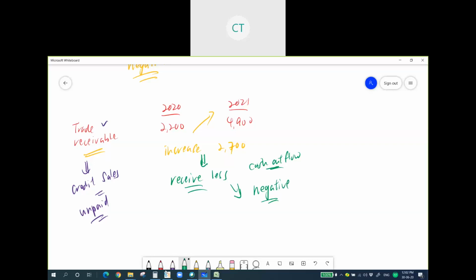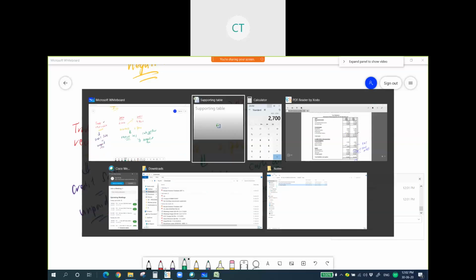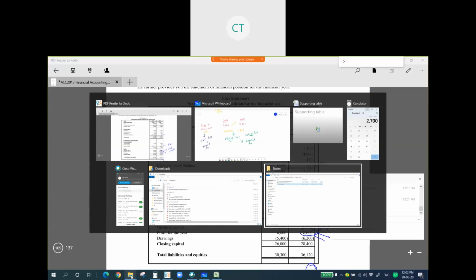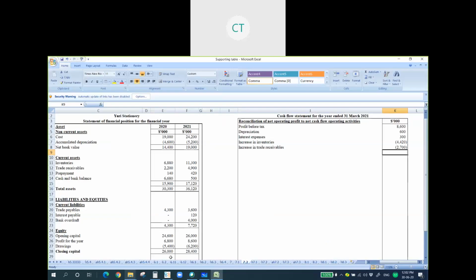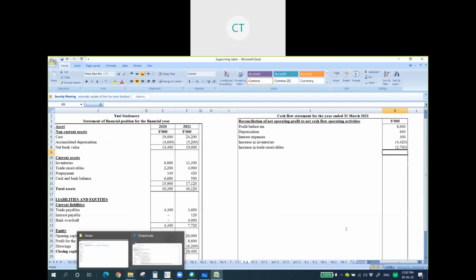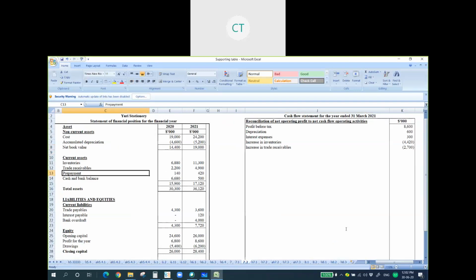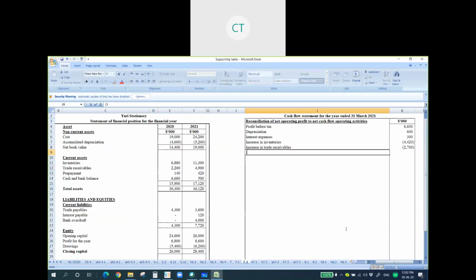So let's go back to our textbook. Sorry, the working here. Excel supporting table. Okay, so we have finished this trade receivables. Next one, prepayment is also considered as our working capital. So this one obviously is an increase in your prepayment.